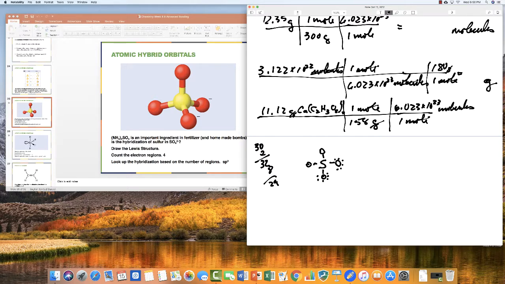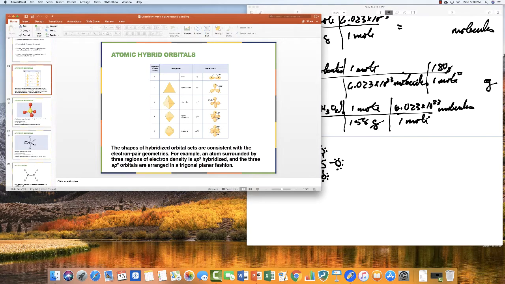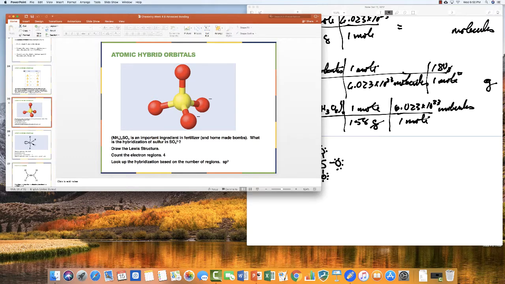So around this central sulfur, you have 4 regions of electron density, 1, 2, 3, 4, which is right here. If you look in the table, which I showed on the previous slide, 4 regions is tetrahedral, and so this hybridization is sp3, and it forms a tetrahedron.